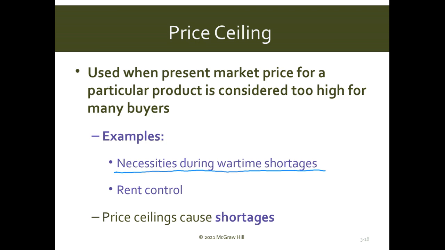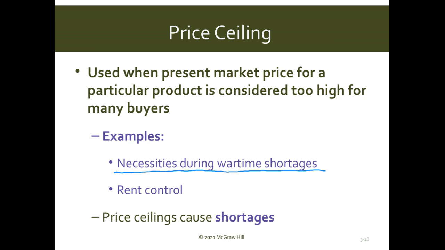That is, you are not allowed to charge more than this price level. And also in the rental market. If the equilibrium rent is $1,100, then government says, no, the price ceiling is $900. So landlords cannot ask more than $900 for, suppose, a one bedroom apartment.